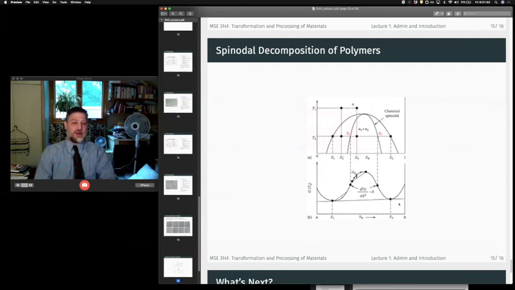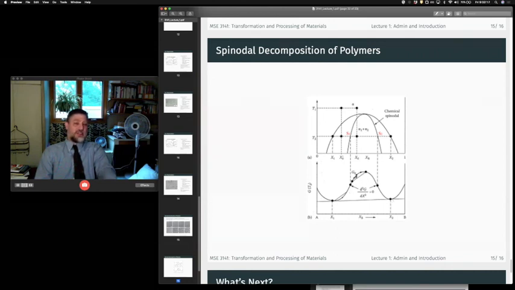This chart is probably a little bit confusing, but we've got a miscibility gap here, and we can reduce our global free energy by diffusing down to these concentrations, X1 and X2, to go to the minimum of these wells. But that requires long-range diffusion and a huge amount of time.